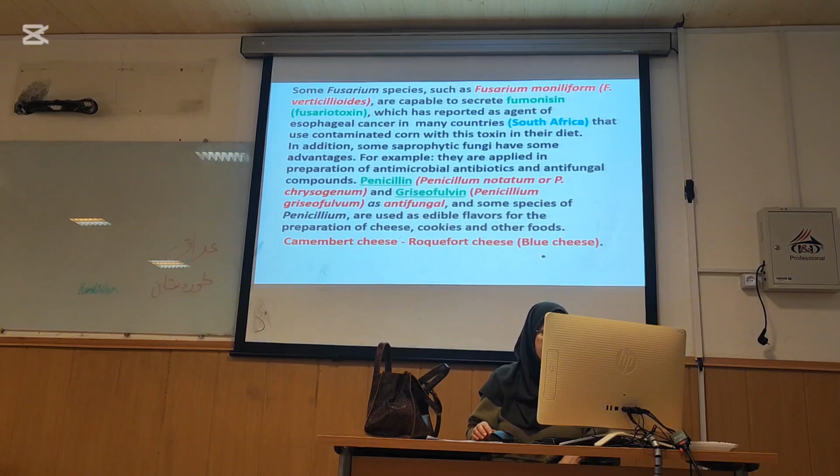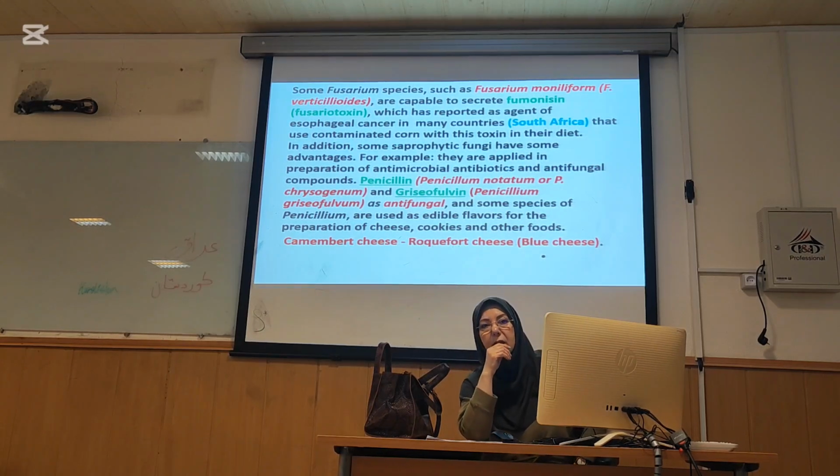In addition, some saprophytic fungi have advantages instead of disadvantages. For example, they are applied in the preparation of antimicrobial agents, including antibacterial and antifungal agents. For example, penicillin.